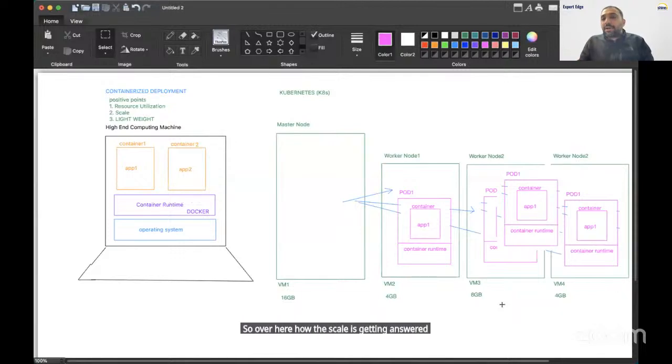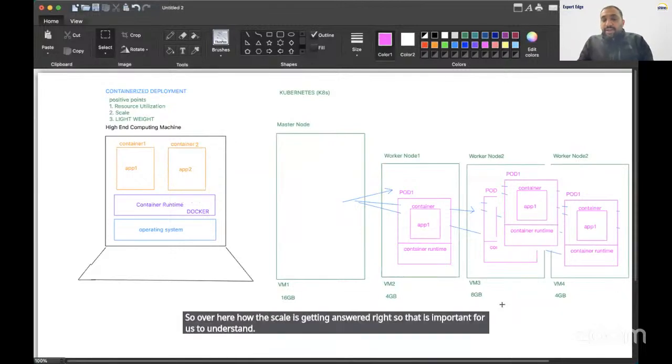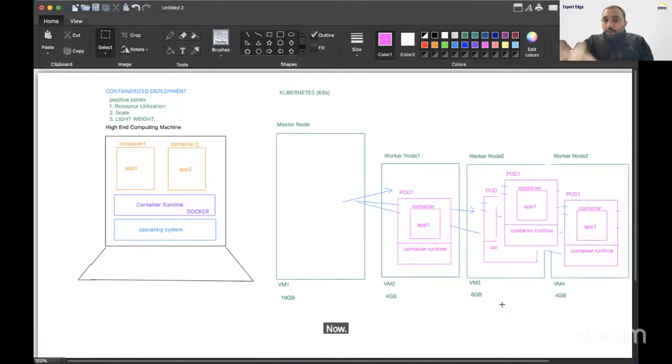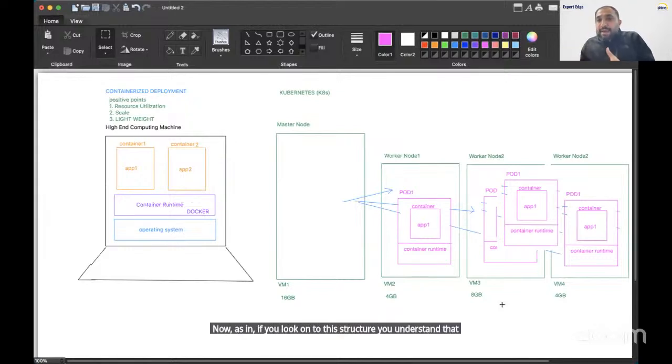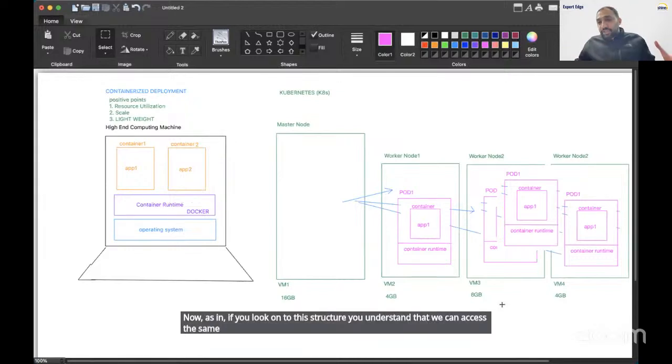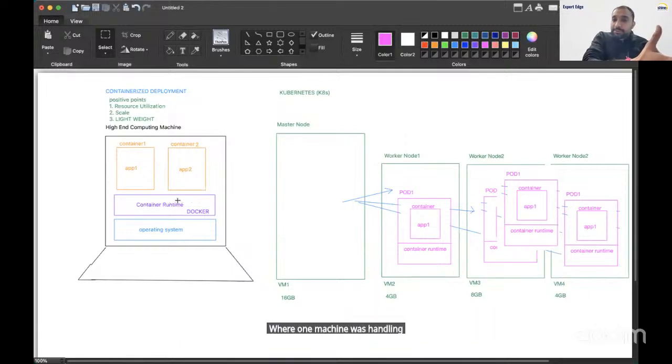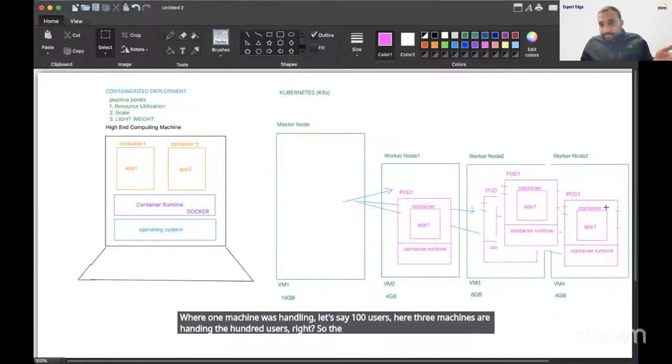That is important for us to understand. If you look at this structure, you understand that we can access the same application through three different machines. Where one machine was handling, let's say, 100 users, here three machines are handling the 100 users, right? So the load is divided over here.